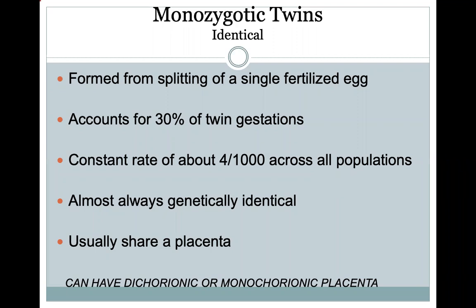There are some exceptions to that, but we won't get into that. There certainly can be birth defects or anomalies in one that aren't in the other. But from a genetic and chromosome standpoint, they're typically identical, and they share a placenta. So this type of twins can have either dichorionic or monochorionic placentas.